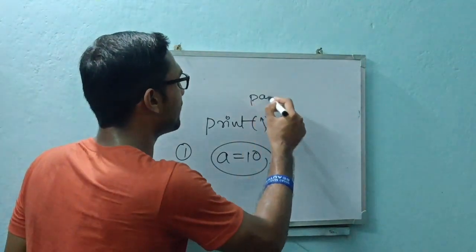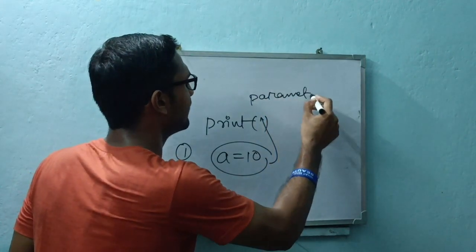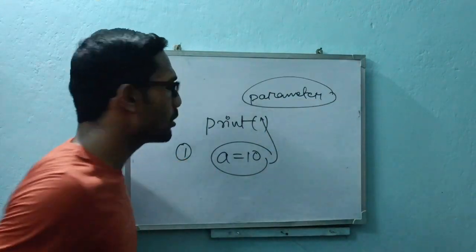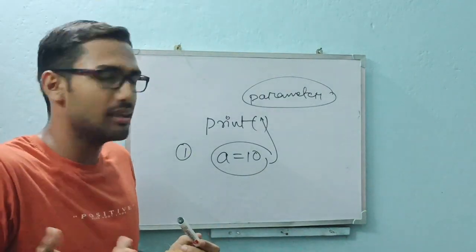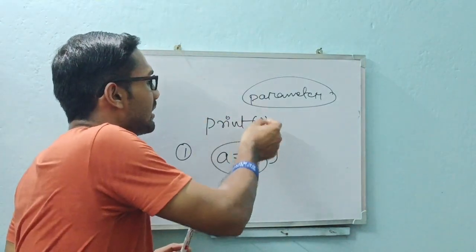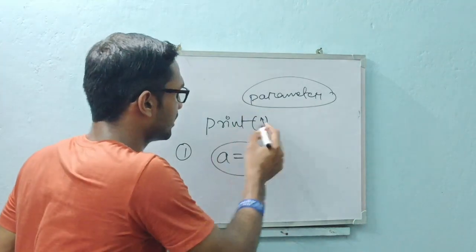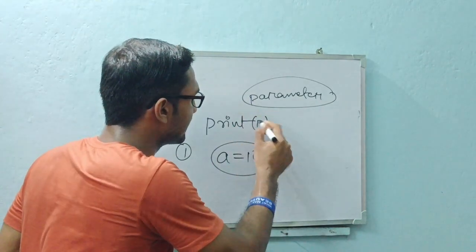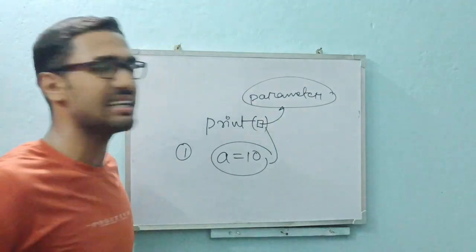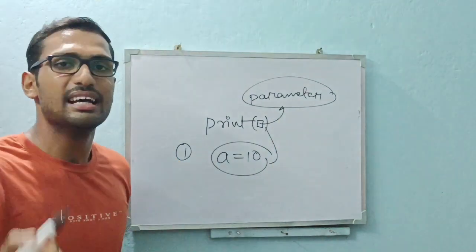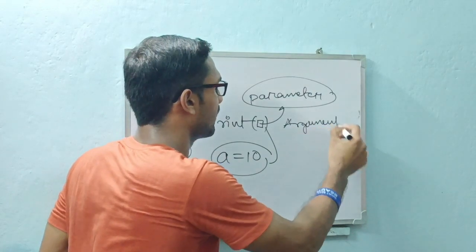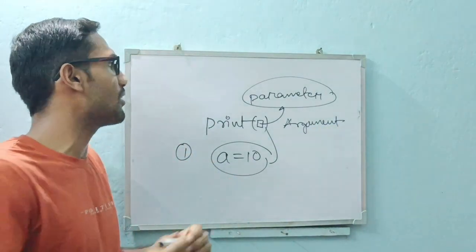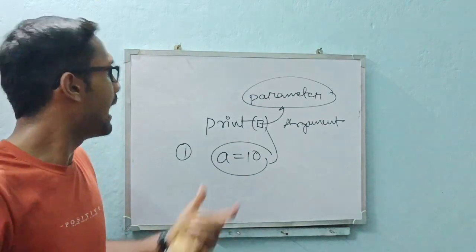I have used the term parameter, and I have already discussed this in my previous video, but not a problem at all, I will discuss it again. What is a parameter? A parameter is something which we pass within the parentheses of a function. So if I pass something within this, we call it a parameter of the function, or there is another name, which we call an argument. We synonymously use these terms, parameter or argument.